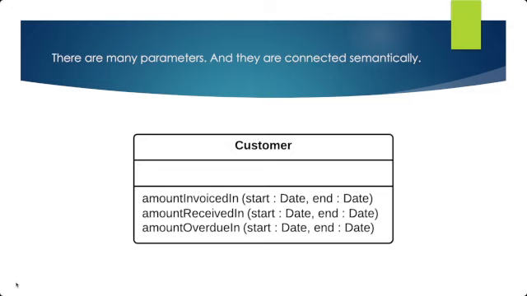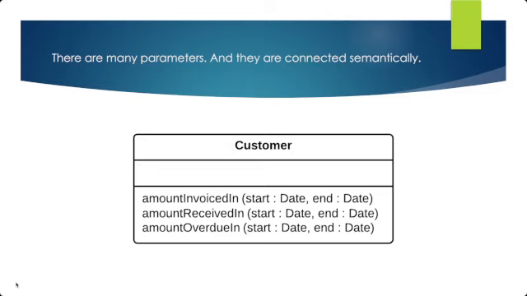Then, when we work with parameters, we usually can find the case when our parameters are connected semantically. Like in this class Customer, we have several methods with the same groups of parameters, like start and end with type of date. I think here we can make some refactoring.